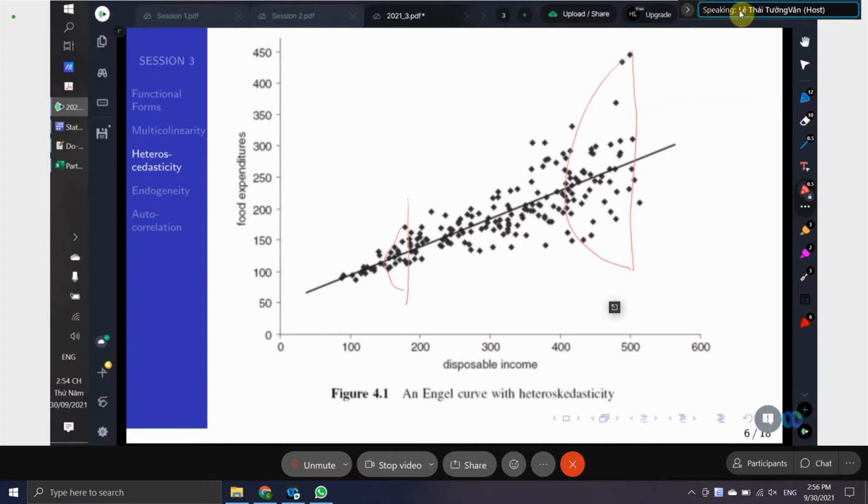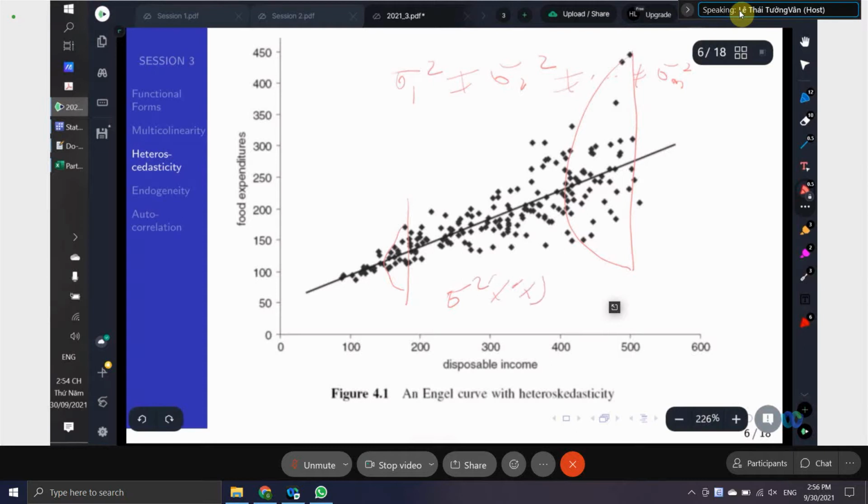So when sigma 1 square is not sigma 2 square, is not sigma n square, then the variance covariance matrix, x prime x to the minus 1 x prime epsilon prime x, x prime x to the minus 1, is totally different from sigma square times x prime x to the minus 1.